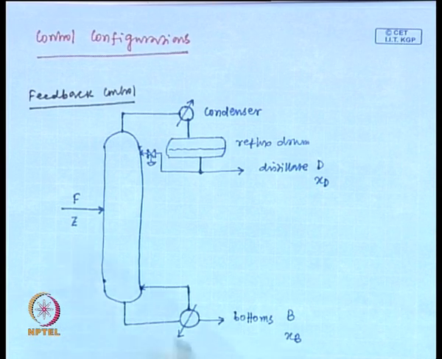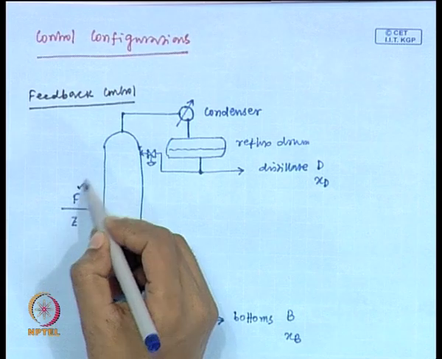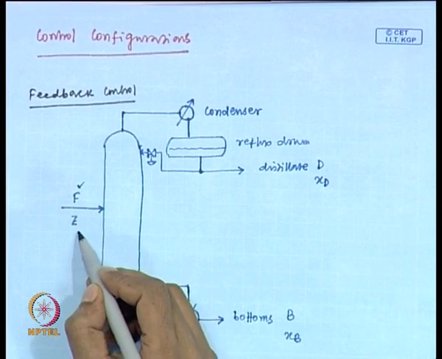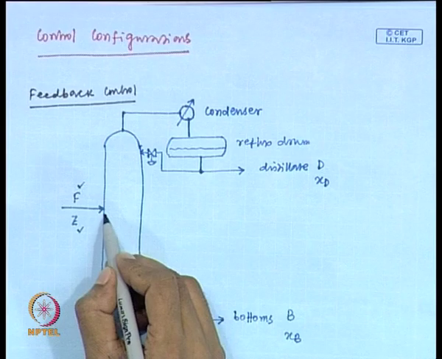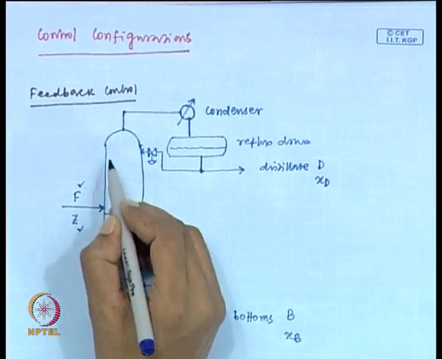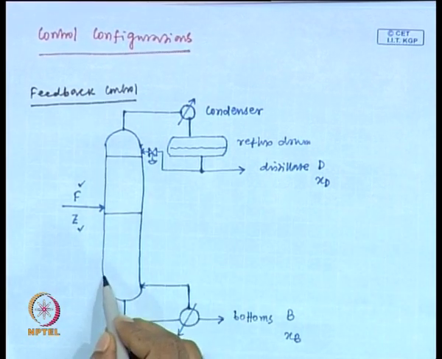Fine. So, feed is introduced with flow rate F, composition Z. This is the feed tray, this is the top tray, this is the bottom tray.